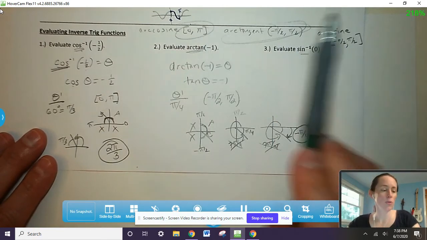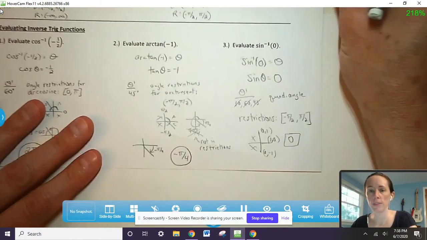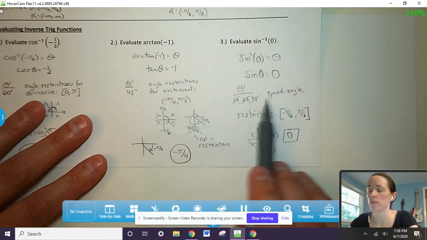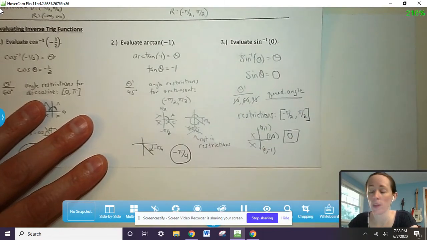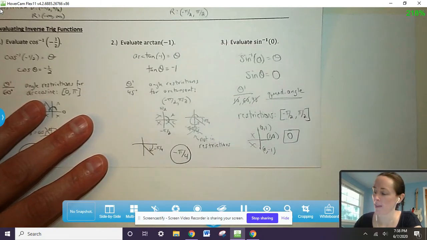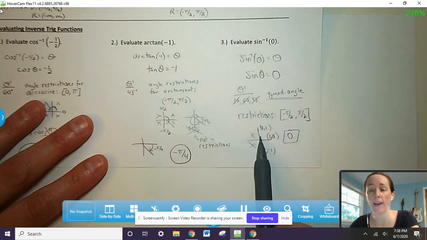Now for the last one, that's evaluating inverse sine. So we can go through the same process, but we'll find that it has to be a quadrant angle because none of the reference angles work. So the angle restrictions for inverse sine were -pi/2 to +pi/2 with brackets. That means you're off limits over here. You can't be to the left of the y-axis.